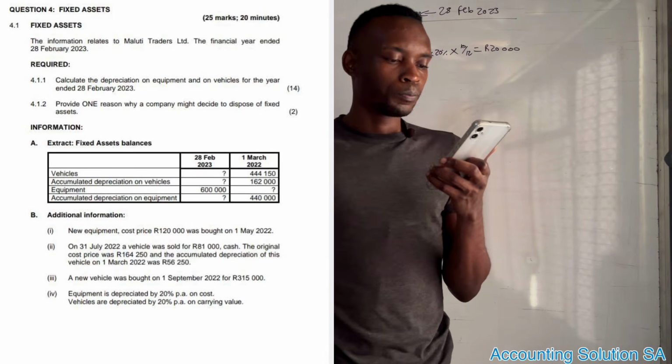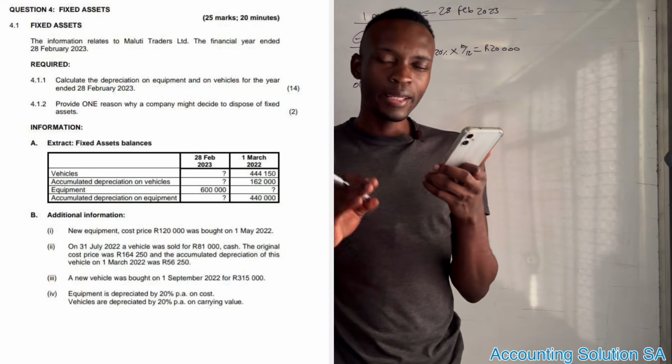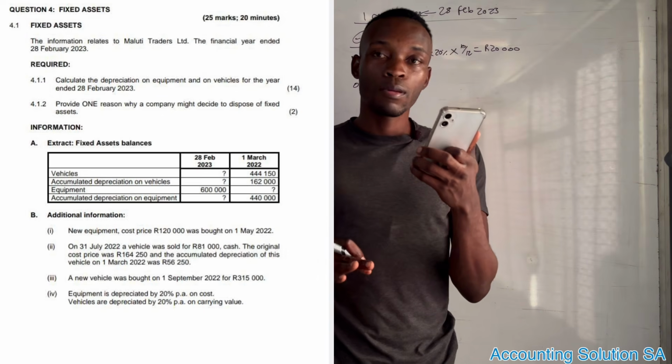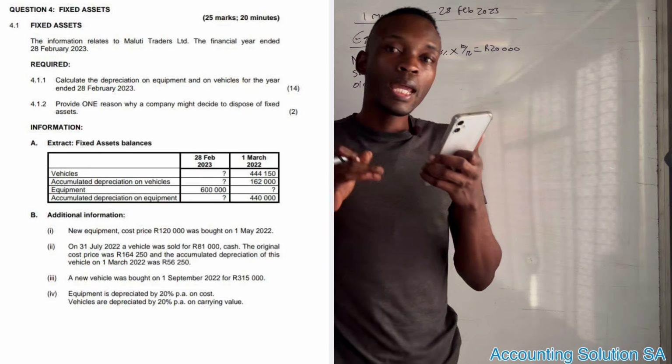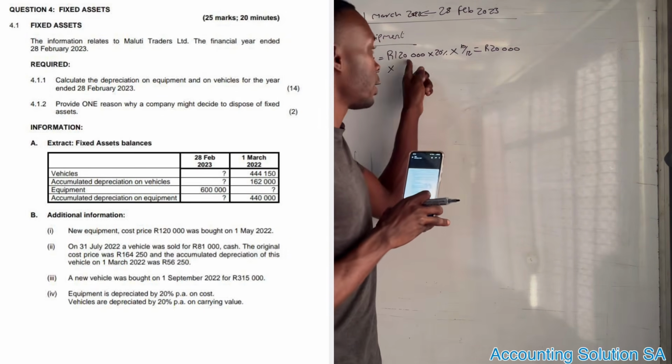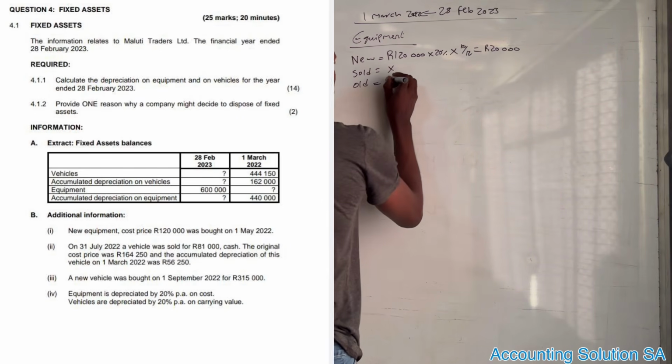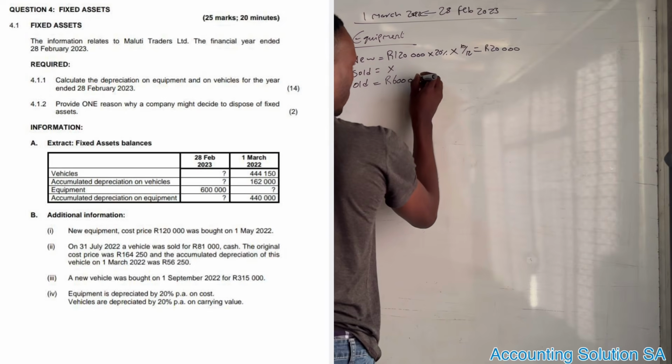If you check equipment, they give us the balance at the end under information number A. At the beginning, they didn't give us. At the end, remember it has also included the new one, because it's the end, né? 600,000.